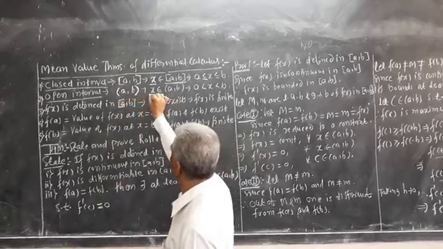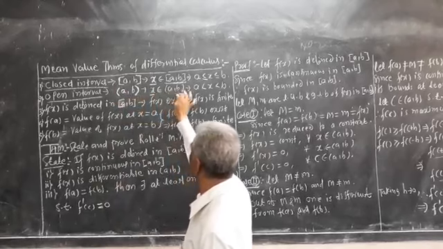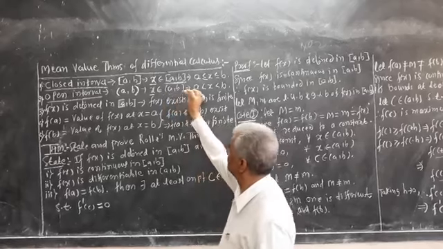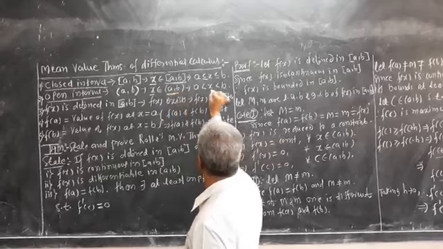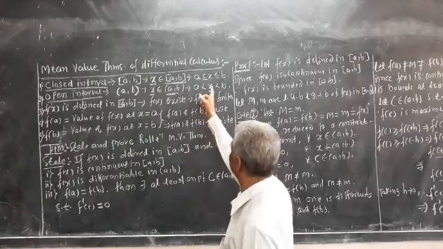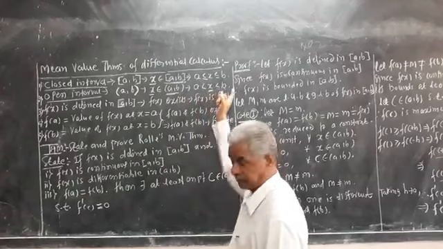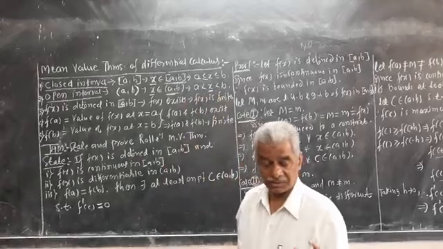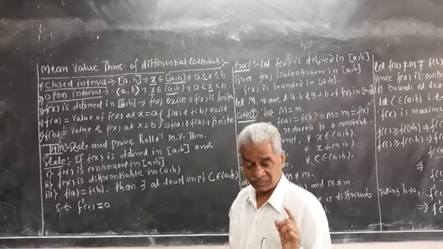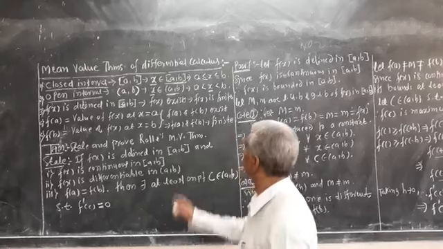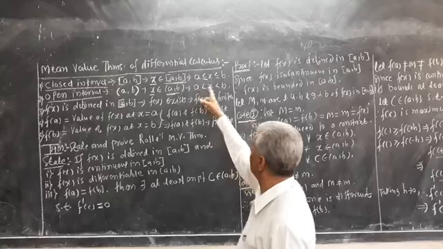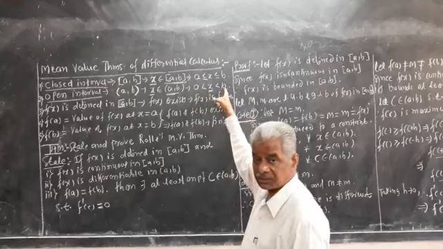Suppose that x belongs to open interval AB. It means that x takes the values between A and B, but in this case x is not equal to A and x is not equal to B.